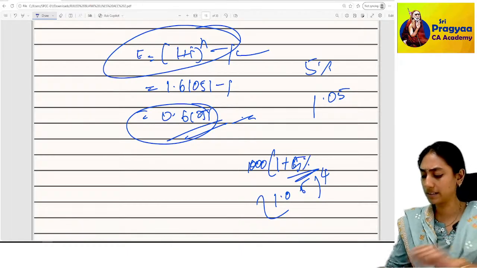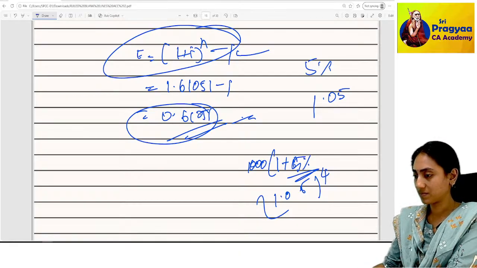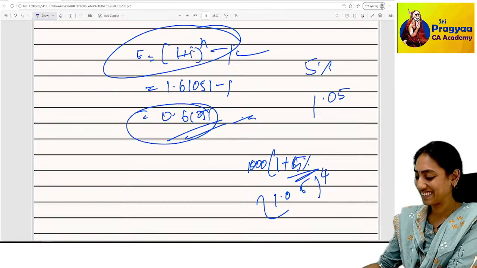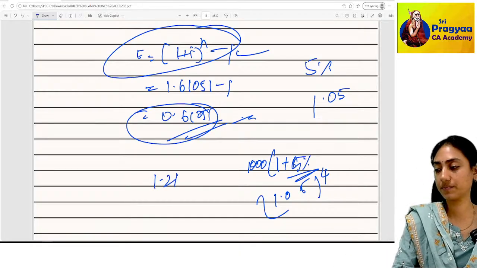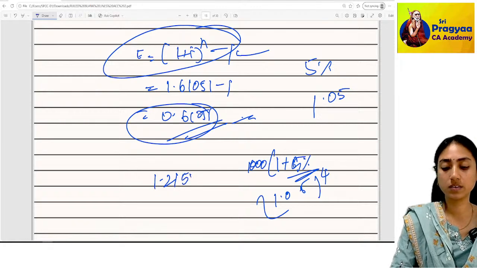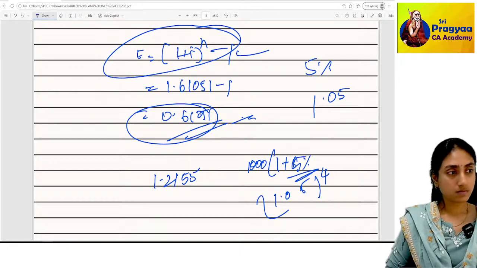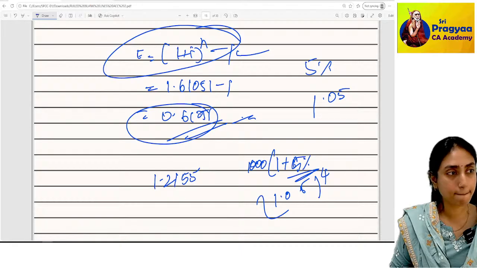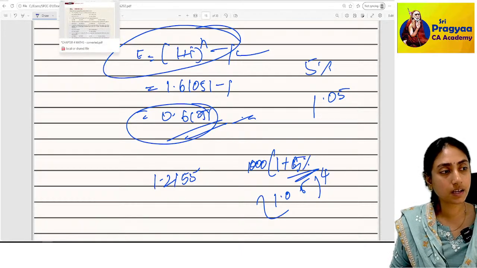1.12. Sorry, 1.21. Always take 4 decimals. Now in this calculator there is something called M on the display.